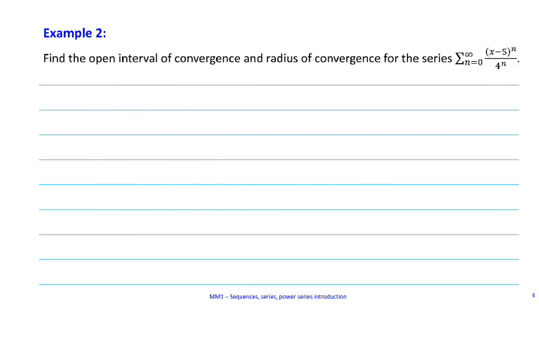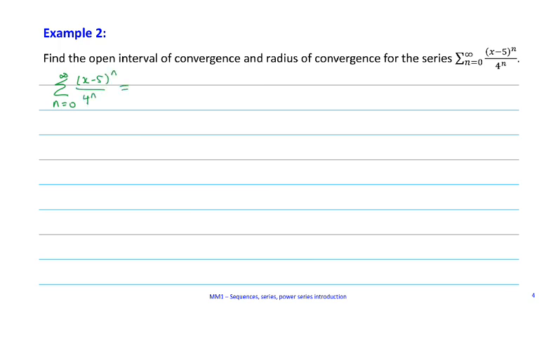So we've got example 2. Find the open interval of convergence and radius of convergence for this series. If we expand this out a little bit, we have the sum from n equals 0 to infinity of (x minus 5 over 4) to the n.